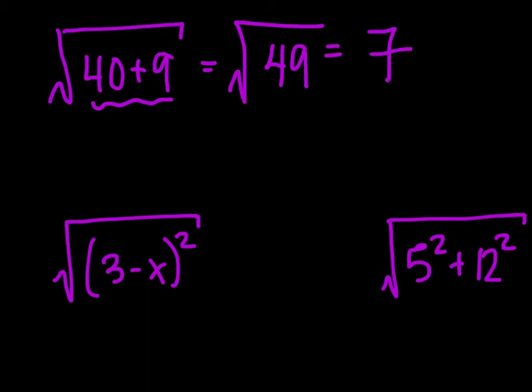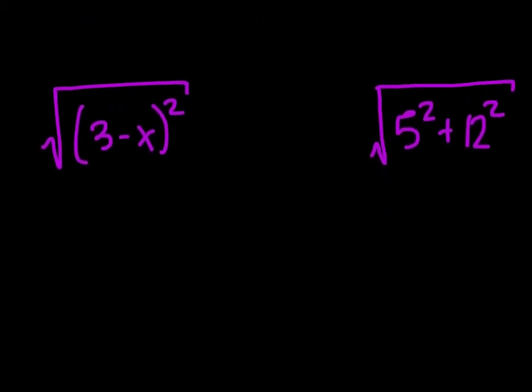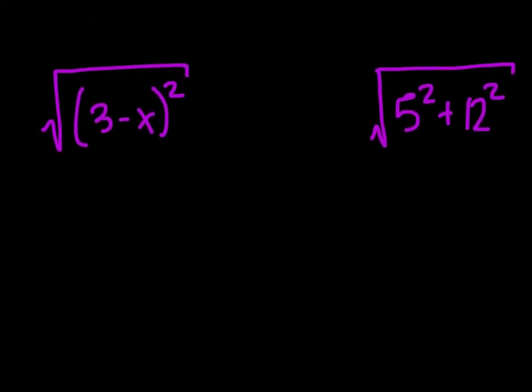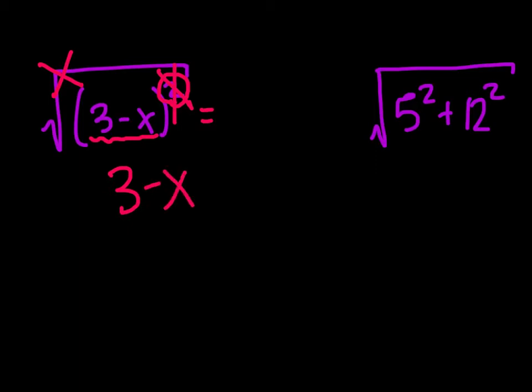Kind of cool. As well, you're going to see expressions like the square root of 3 minus x, squared. Regardless of what is inside of that parentheses, that squared and that square root cancel each other out. So our final answer for this is 3 minus x.